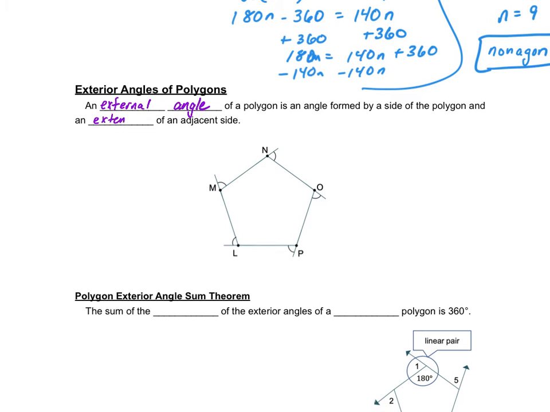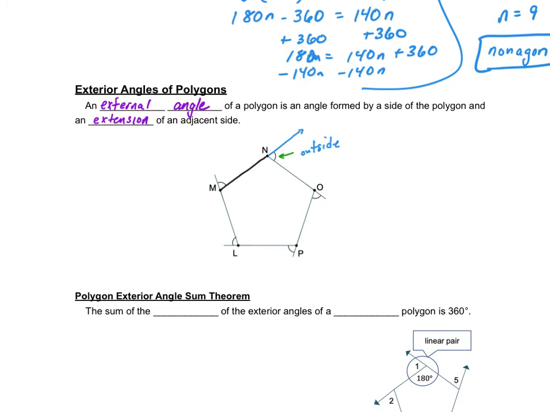So in essence, the external angle is this thing right here. We take the side of the polygon and extend it out, and that creates an external angle, this angle which is outside the polygon.